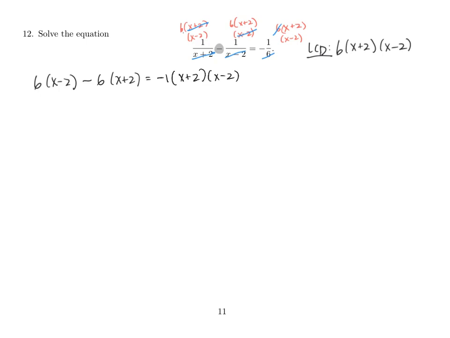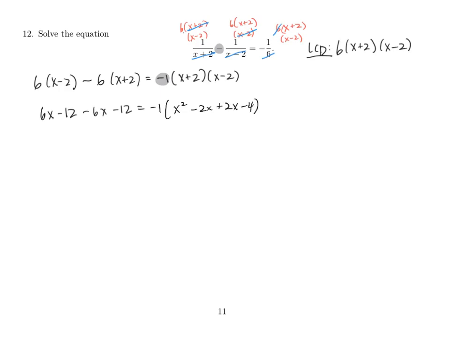And so now we're going to distribute everything. So we'll have 6x minus 12 minus 6x minus 12 is equal to, so x plus 2 times x minus 2, I'm going to wait for the end to do that. So I'm going to have negative 1 times x squared minus 2x plus 2x minus 4.